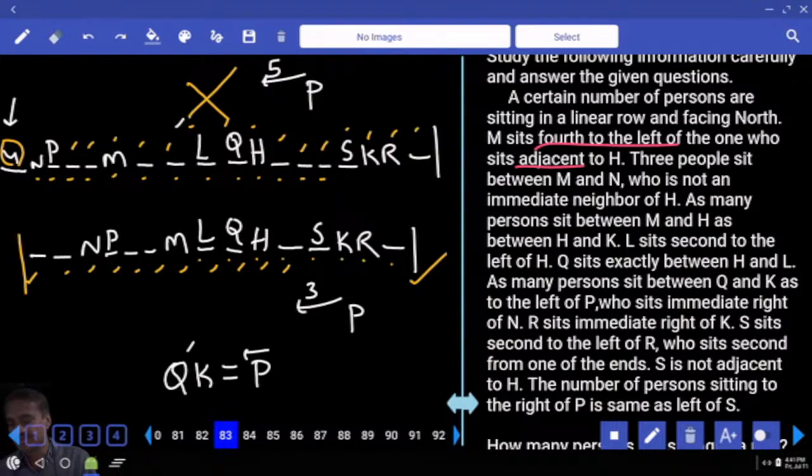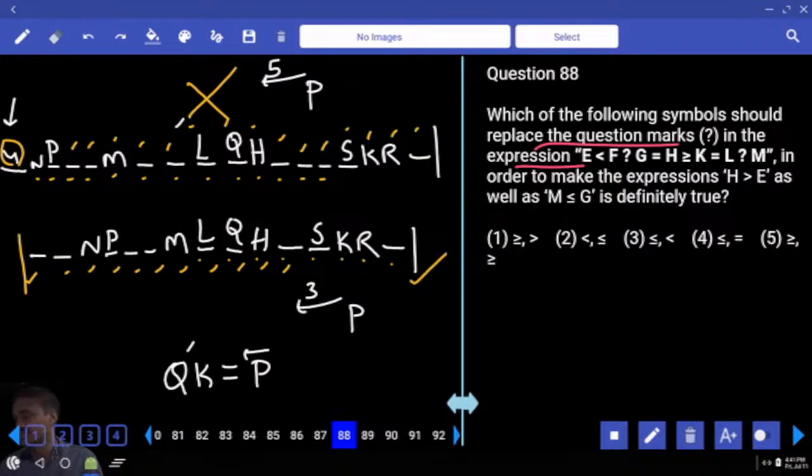Now this is from 83 to 87. Let's note on this one, then 88 onwards. Now 88. Which of the following should replace this in order to make the expression H greater than E?